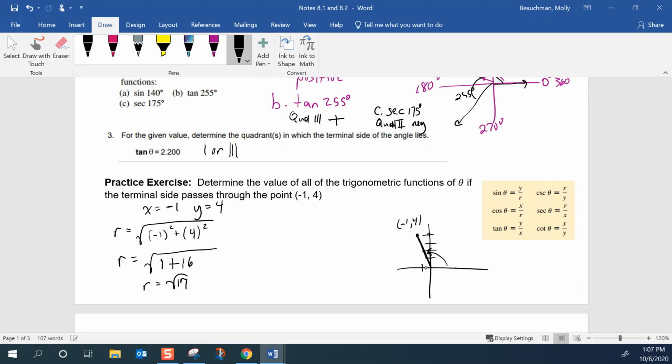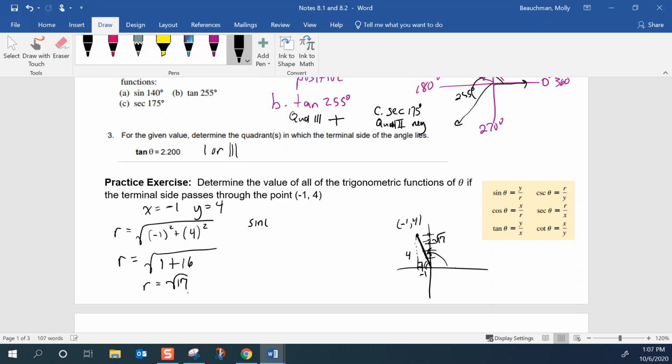And we're going to see in the next unit that we're going to make something called a reference angle, which means we're going to drop a perpendicular to the x-axis and make it an acute angle. And what we just found is this length is -1 in our triangle. This length is 4. And we found that the hypotenuse, or the r, is the square root of 17. Okay? But all we need are x, y, and r to fill out each of these.